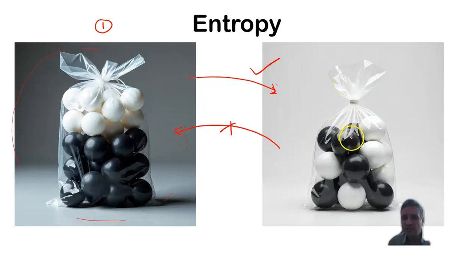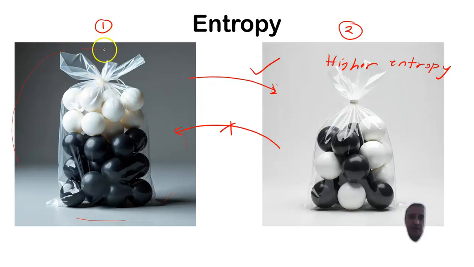But in this state, we have a lot of states in which you can mix the white and black balls. So here we say that we have a higher entropy. It means that we have more states in which we can mix the balls.